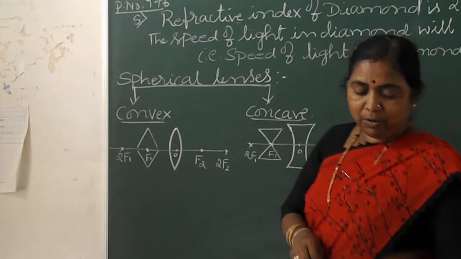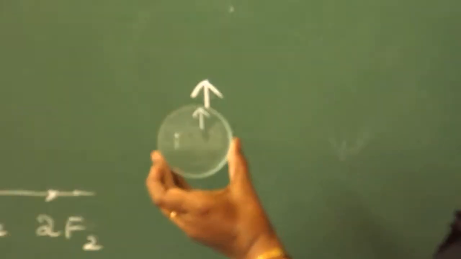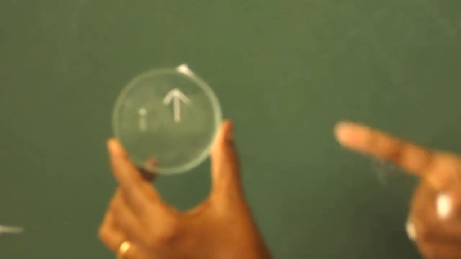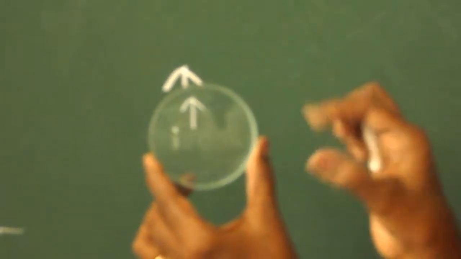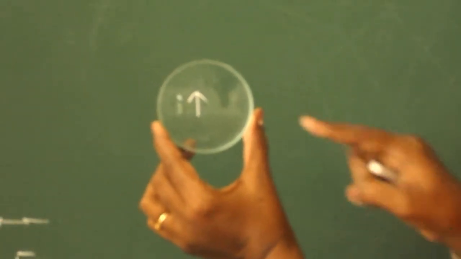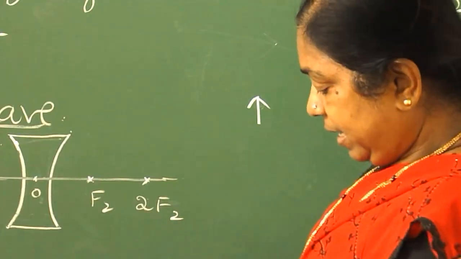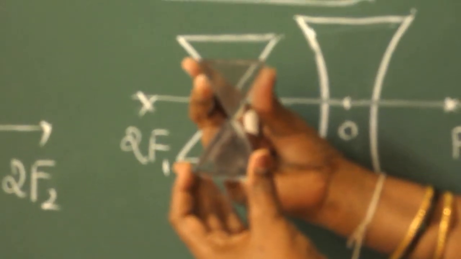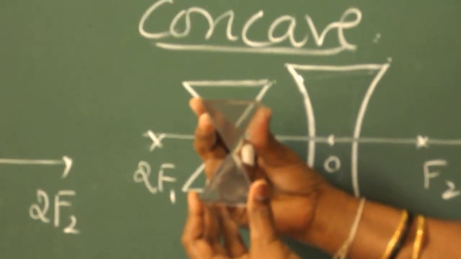One more: if it is curved inward and thick outward, what will you call it? See here, this lens is also a transparent material medium, but here the middle is thin and the outward edges are thick.